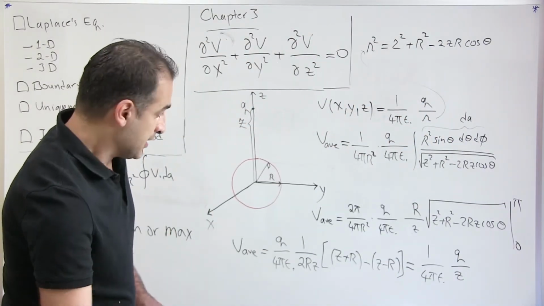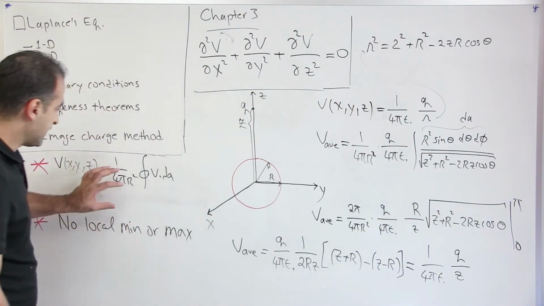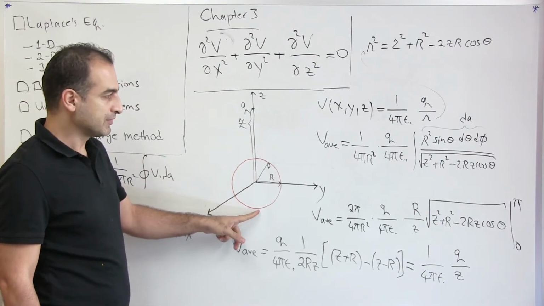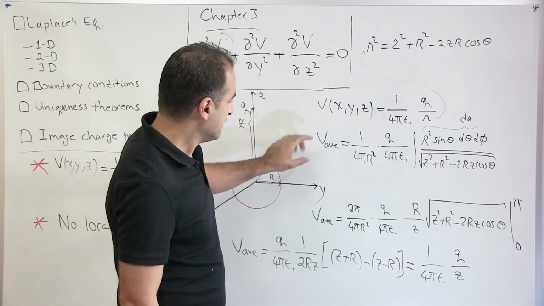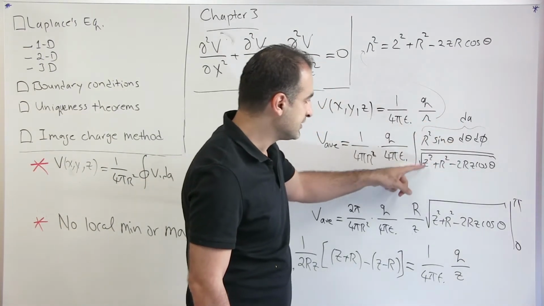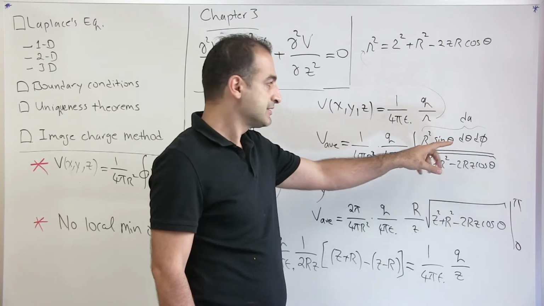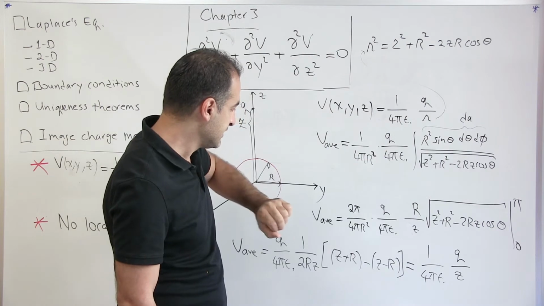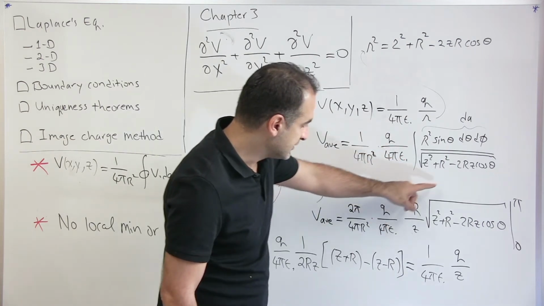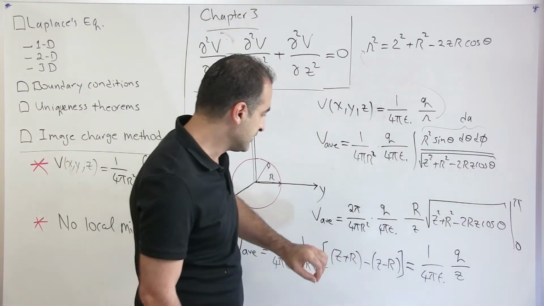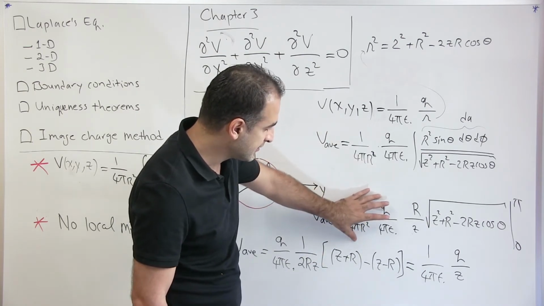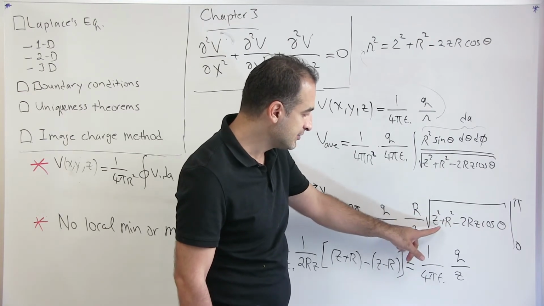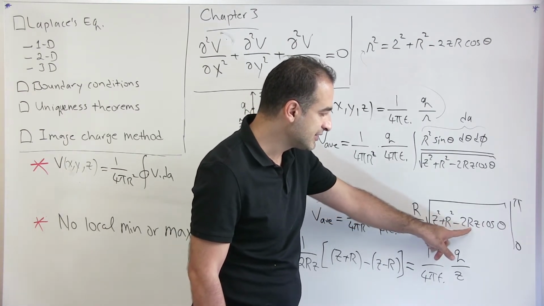Okay, so what I did here, I looked at the average of the electric potential on the surface of this sphere. Okay, so I wrote this integral. V average is this integral. This is an integral in spherical coordinates. dA over R remains inside the integral. The rest were constants. The integral becomes this. Okay, so we had a bunch of constants here outside. And if you look at this, it has a very interesting form of Z squared plus R squared minus 2RZ cosine theta.